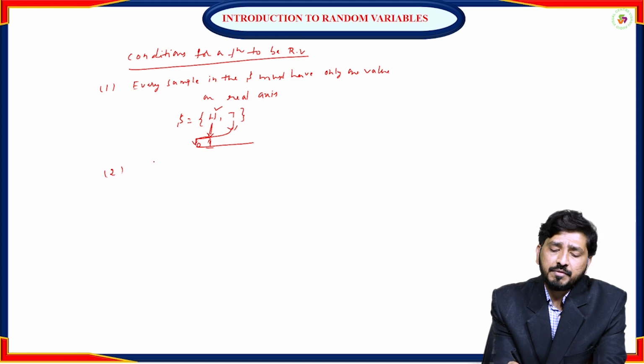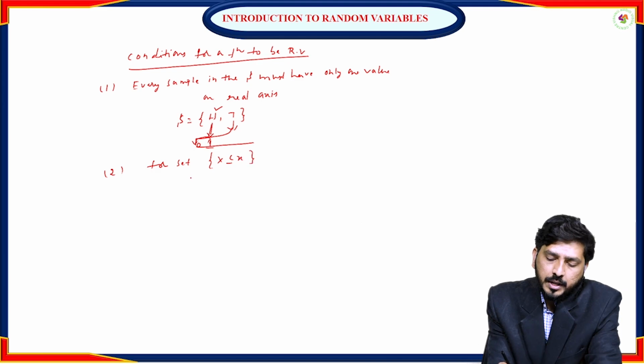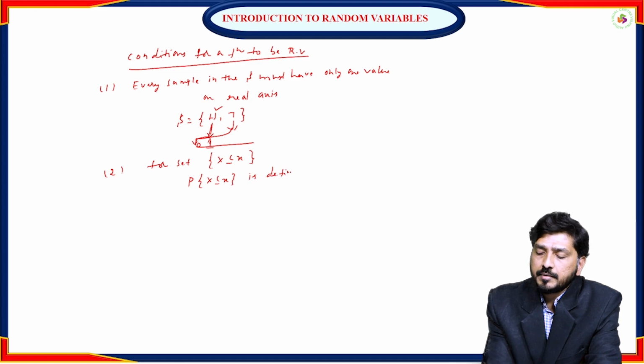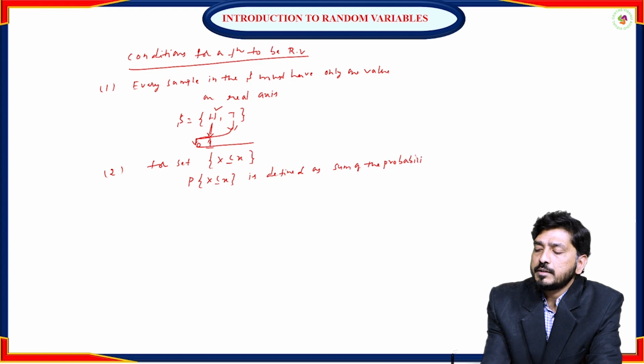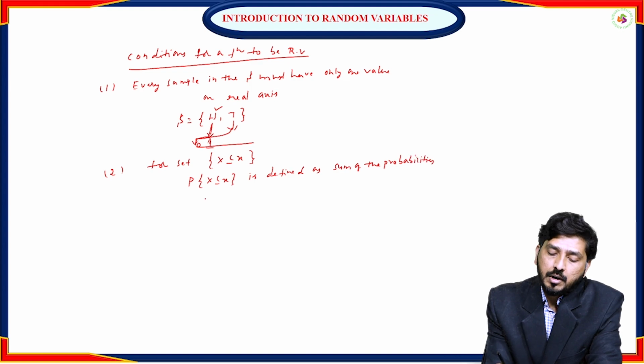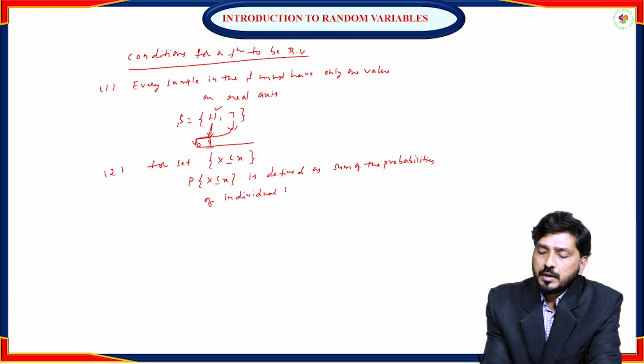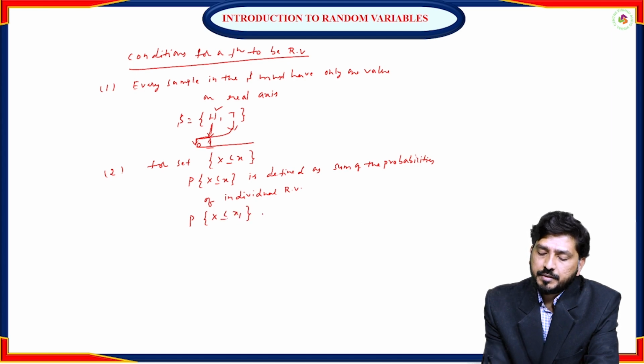Second one, for the set X less than or equal to x, the probability of X less than or equal to x is defined as the sum of the probabilities of the individual random variable values. Suppose the probability of the set X less than or equal to x1 is defined as the probability of X equal to x1.